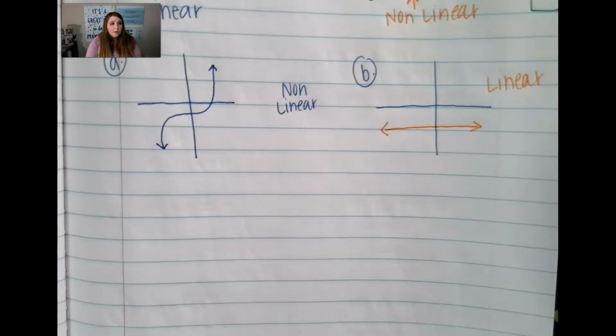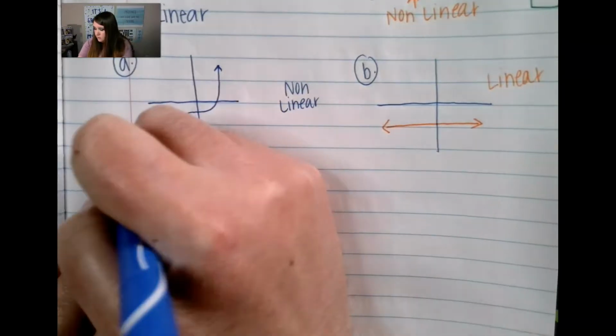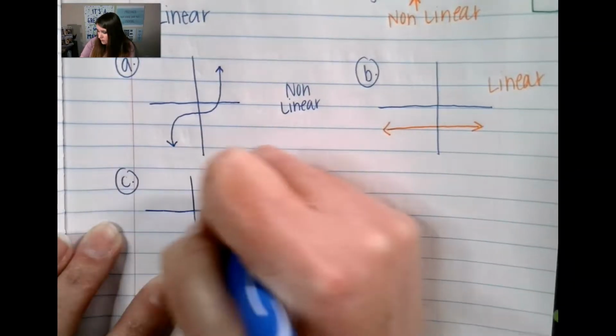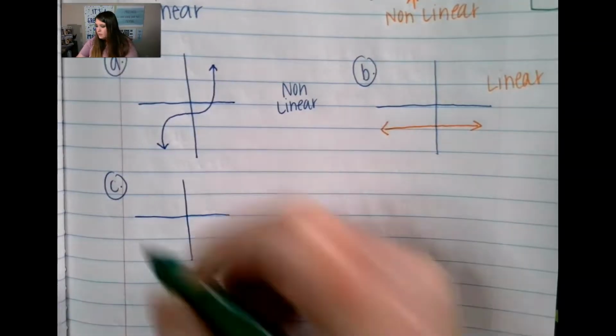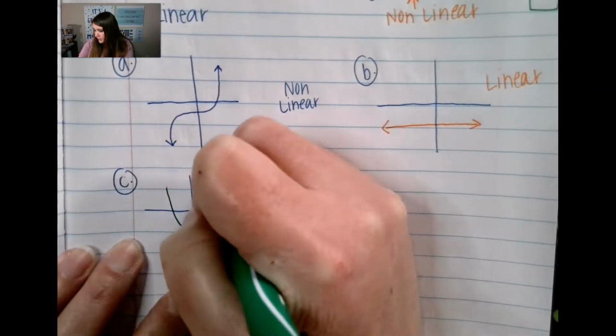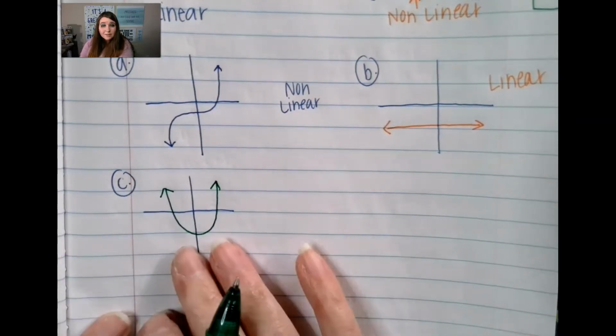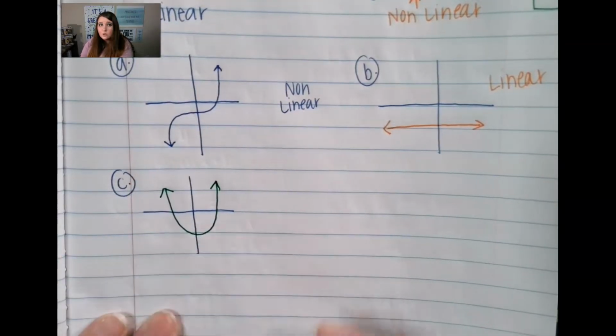Okay, we're going to now look at an example that looks like this. This example C shows a graph, and on this one, the line goes like this. Again, this one's non-linear because this is not a line.